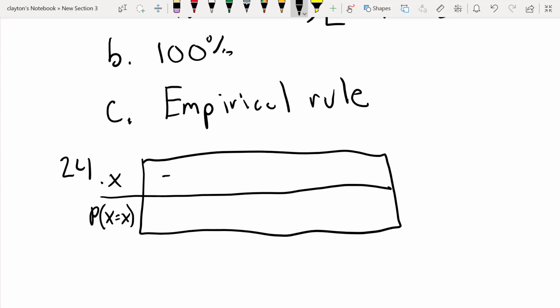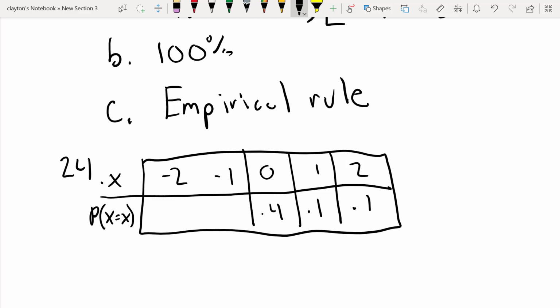We have -2, -1, 0, 1, and 2. These were given to you, right? These are 0.3, 0.4, 0.1, 0.1, which means these two, we've calculated this before. This is 0.2, and this is also 0.2.